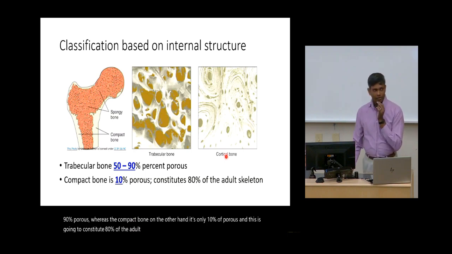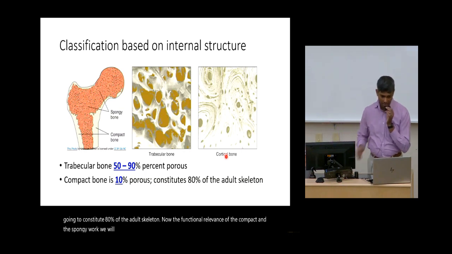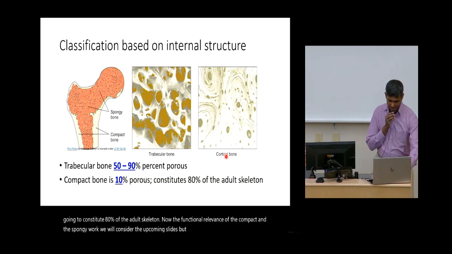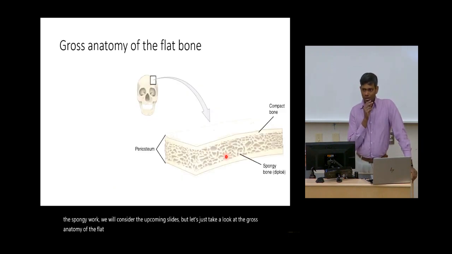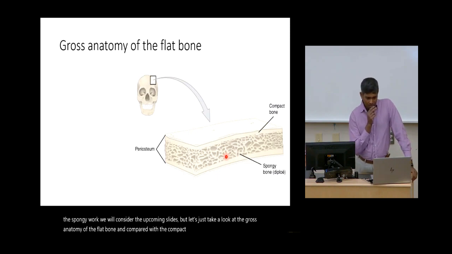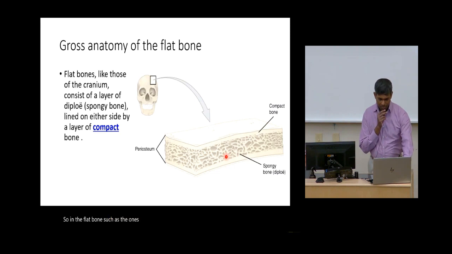Now the functional relevance of the compact and the spongy bone we will consider in the upcoming slides, but let's take a look at the gross anatomy of the flat bone and compare it with the compact bone. In the flat bone, such as the ones found in the skull, there is going to be a spongy bone in the middle, and on either side you have compact bone.